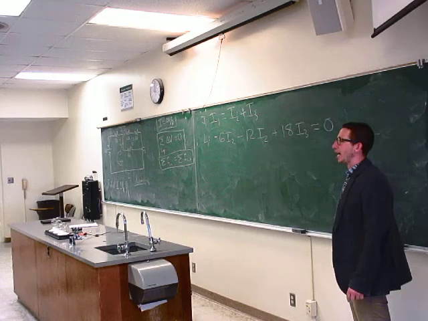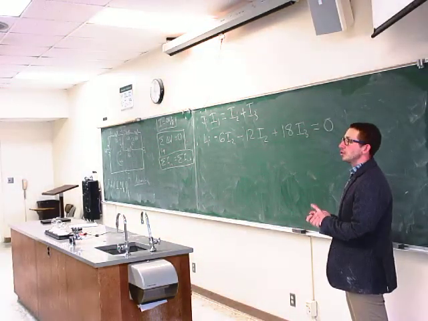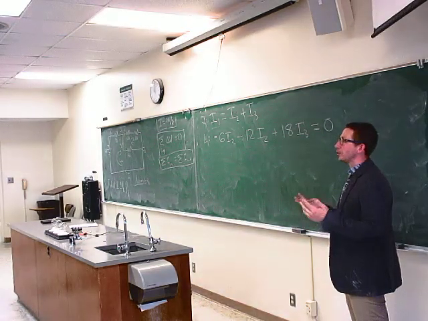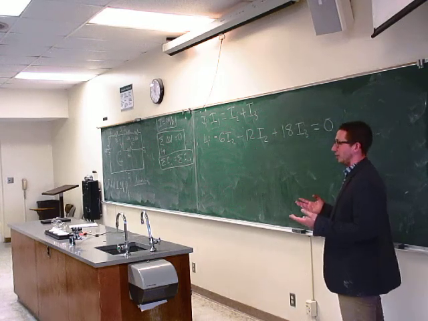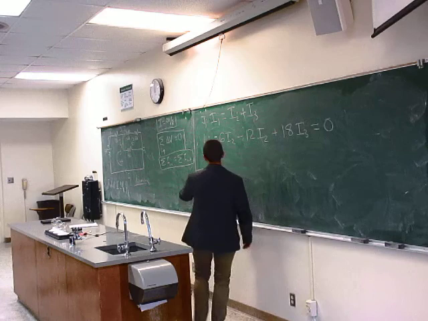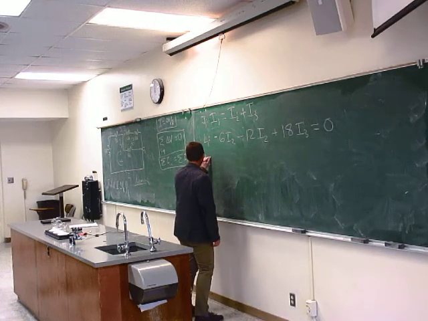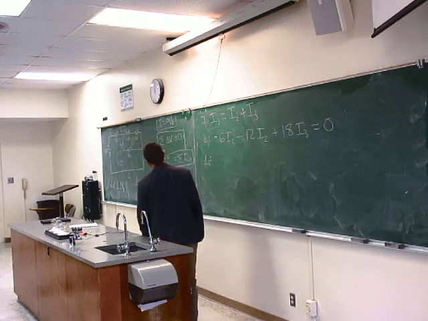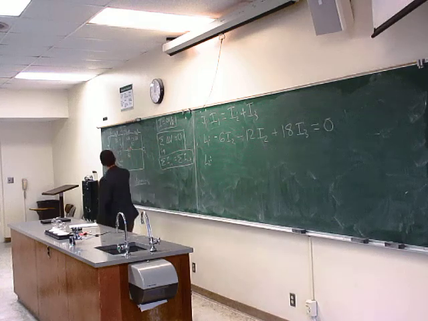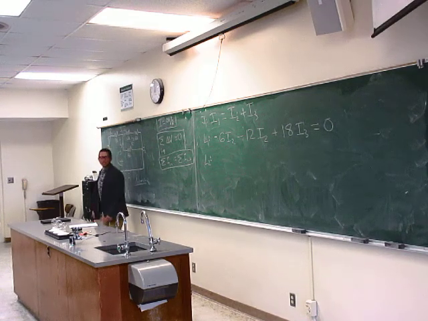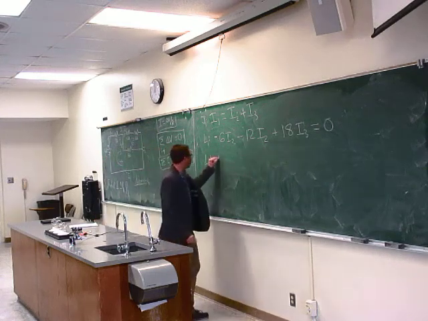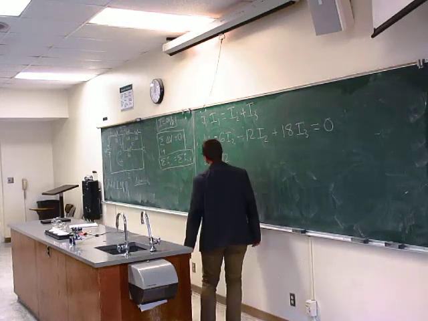We can use, well, if you've taken linear algebra, you can solve the system of equations, or you can just do elimination of variables, or elimination by substitution. Okay, and then loop number 2 would be, let me start here, across the battery, going from negative to positive, corresponds to a change in potential of plus 12.